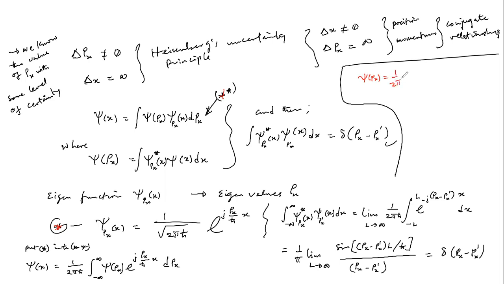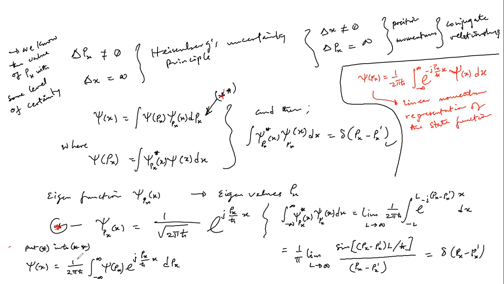It's 1 over the square root of 2 pi h cross, the integral from minus infinity to infinity of psi of x times e to the minus i p x over h cross dx. And this is the linear momentum representation. So the momentum representation of the state, as opposed to psi of x, the Schrodinger representation.